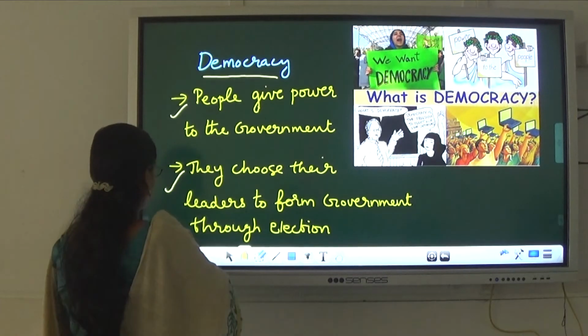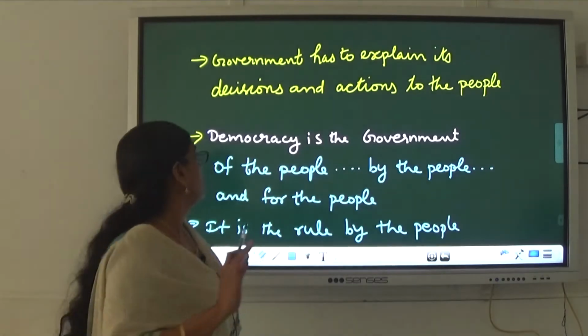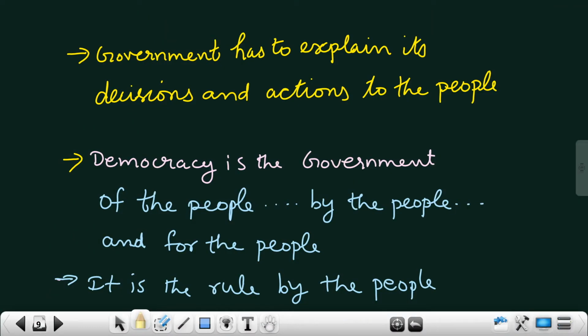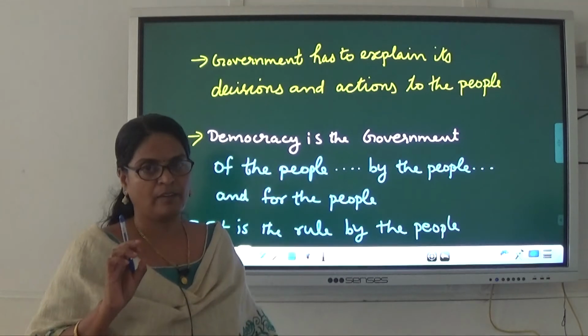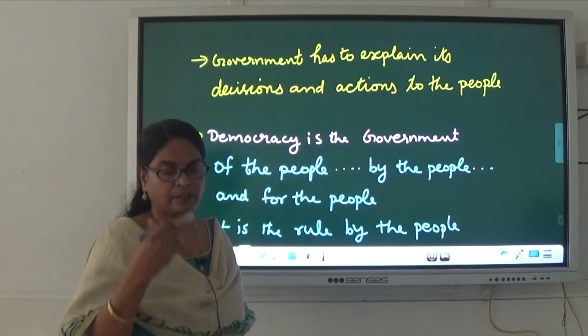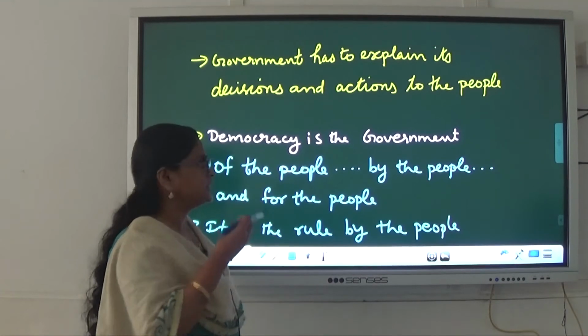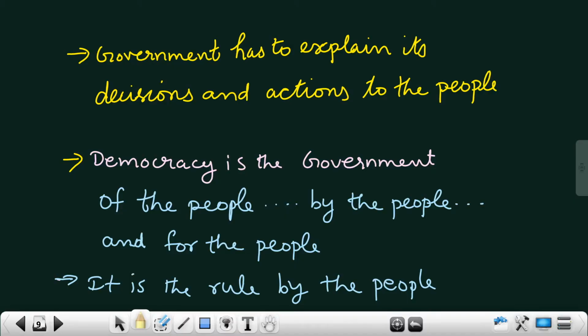Now, people give power to the government. So the government has to explain its decisions and actions to the people. That means the government is answerable to the people. It has to explain the work it does and the decisions or laws it makes.